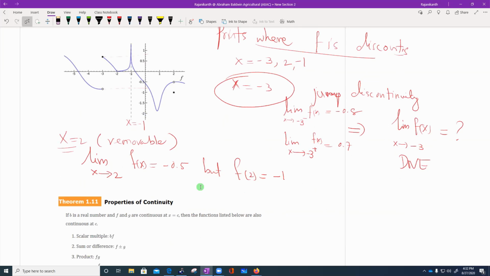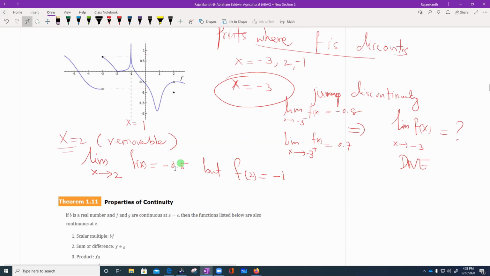One-sided limit. I did not talk about one-sided limits in this particular scenario. I have only two: one is the limit value, another one is the function value. Why do we call this not continuous? Remember I told you earlier, if the function is continuous, you have to have the same answer for the limit and the function. Does that make sense? Yes.